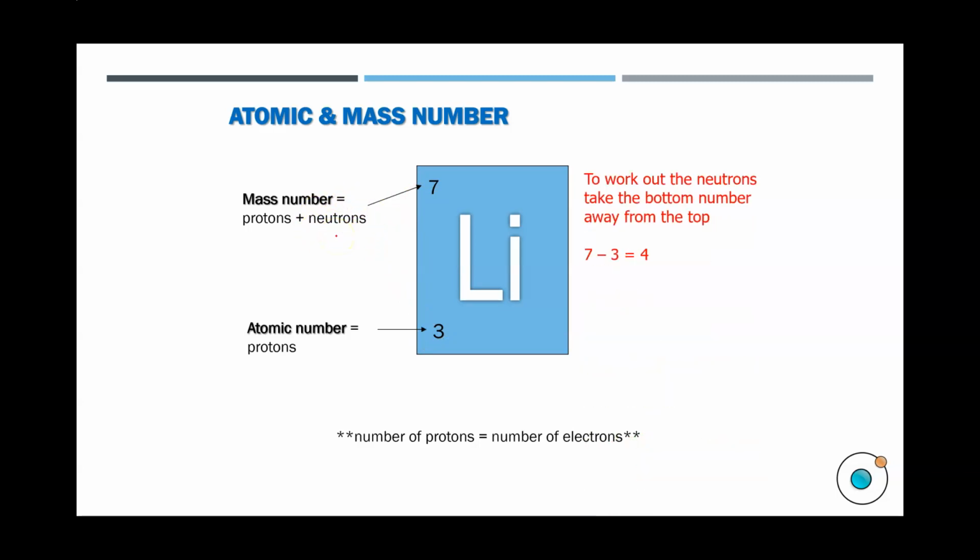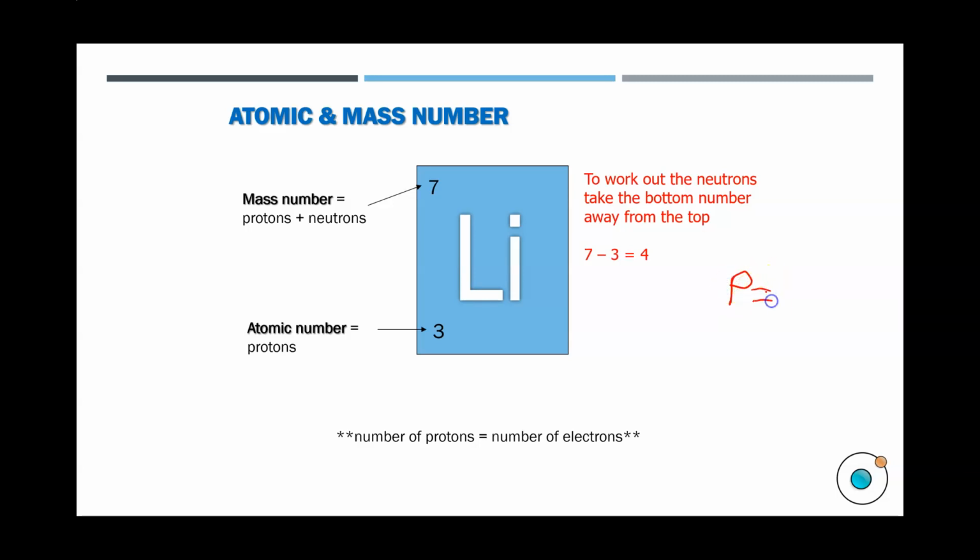So let's have a look at that. To work out the neutrons, you take the bottom number away from the top number. So 7, take away 3 equals 4. So we know now that lithium has 4 neutrons. If we were going to write this down, this is what we like to call the PEN in chemistry. So write down the PEN.